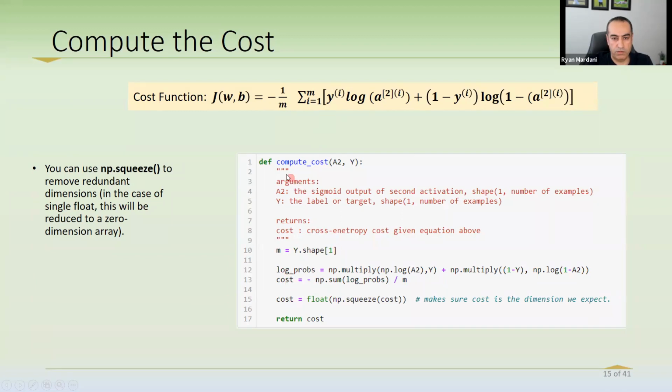First, we need to define one function, compute cost. I wrote it here in two parts, one inside the bracket and one outside. And to keep the dimensionality regular, we can squeeze it using the NumPy function.